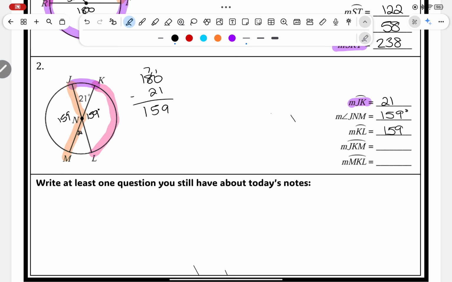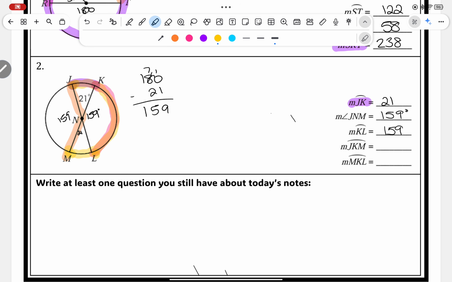My next arc measurement is asking for JKM. If you notice, I went all the way around, and because there are 4 letters that I cross over, I only need to write 3.